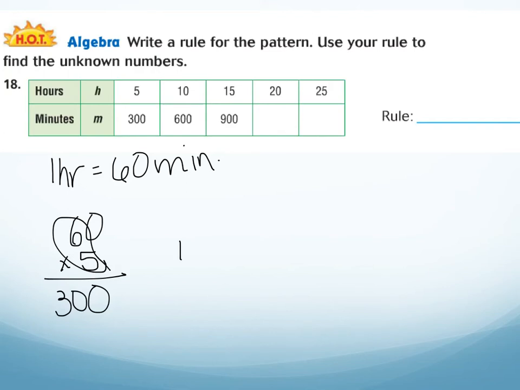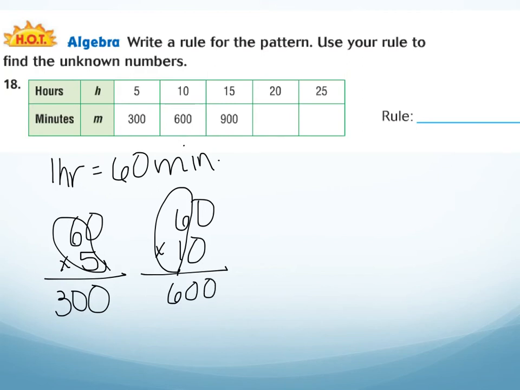10 hours would be 10 times 60. Using my multiples of 10, 6 times 1 is 6, with 2 zeros, is in fact 600.